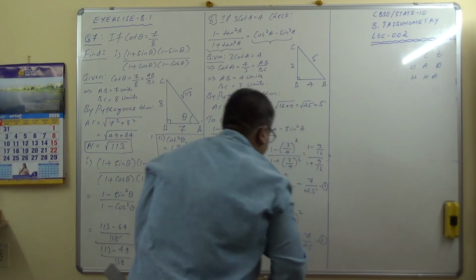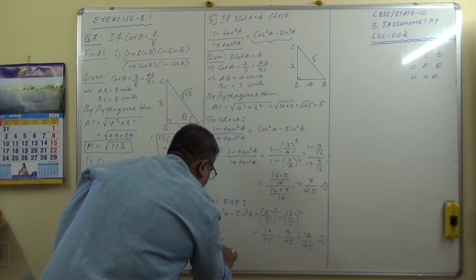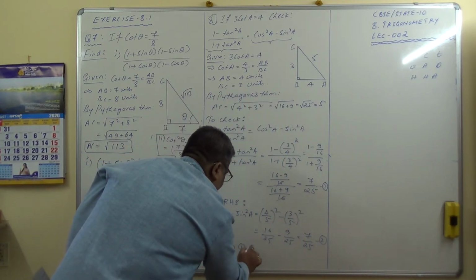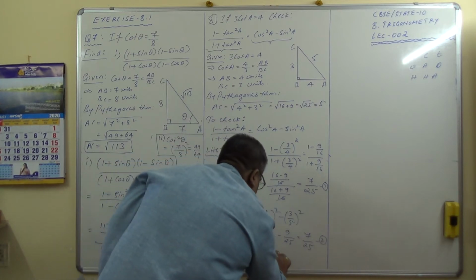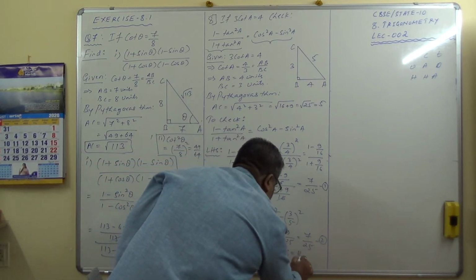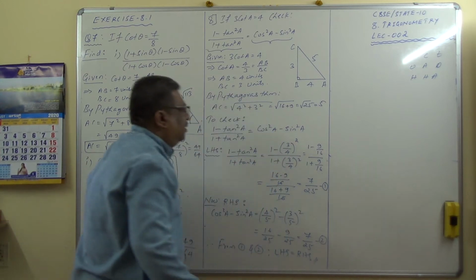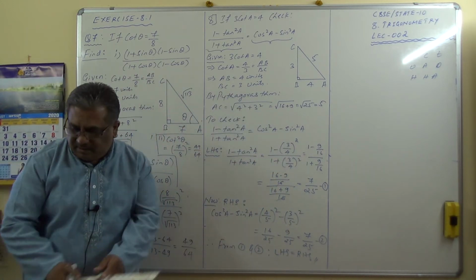Mark it as 2. Therefore, from 1 and 2, LHS equals RHS. That's all. So this is the 8th question.